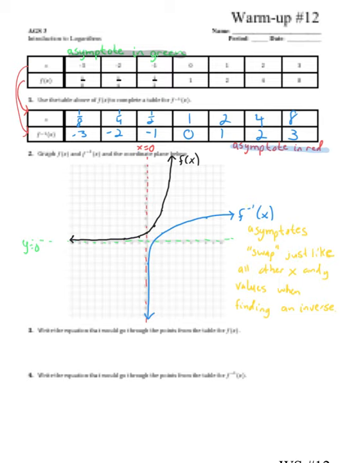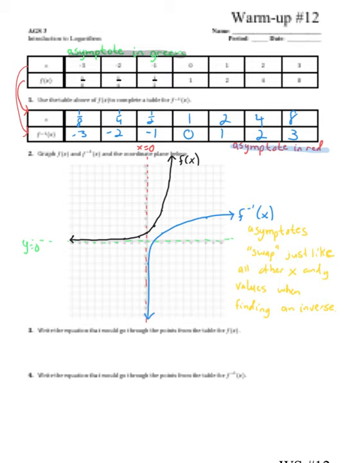That's kind of important to note too, that whenever we find an inverse of something with an asymptote, its inverse will also switch.